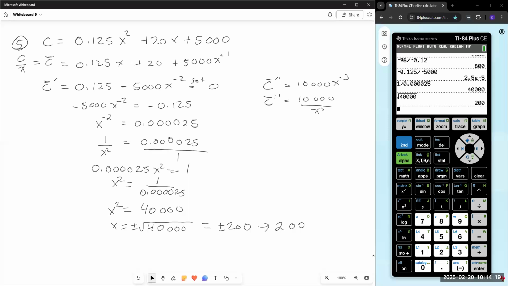So let's go back and look at C bar double prime of 200, which will be a positive divided by a positive, so it will be positive.